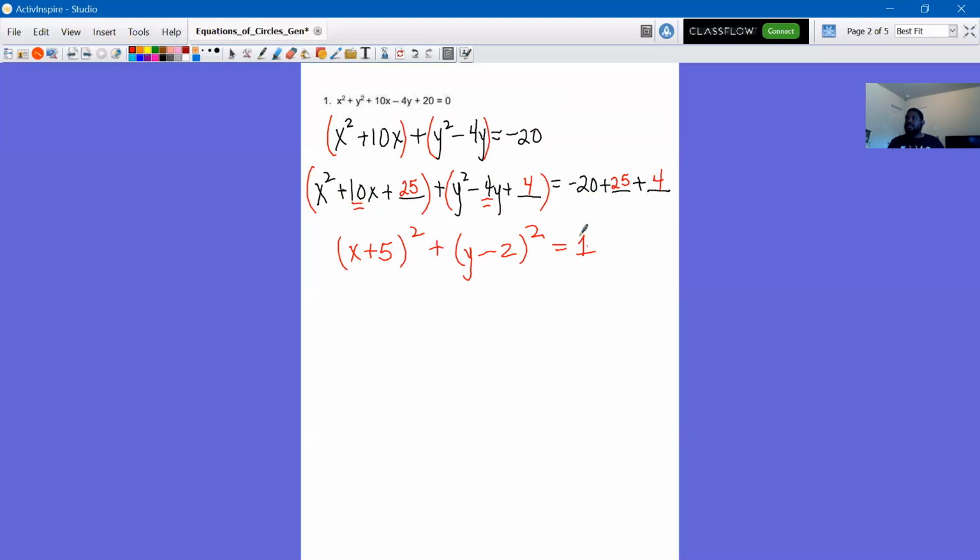That's going to give you 1. So we have our standard form of a circle. And so this is a circle with center (-5, 2) and radius 1. That's how we describe the circle.